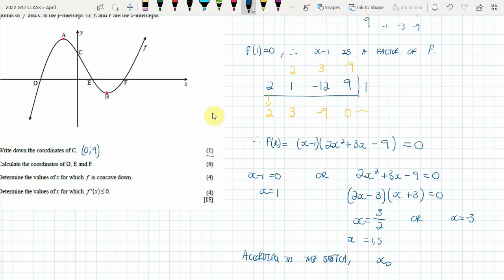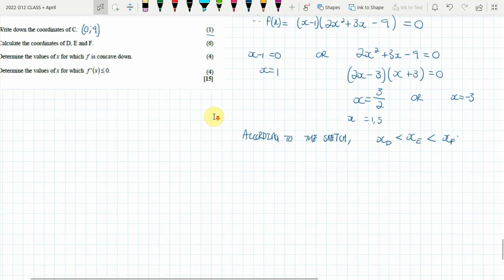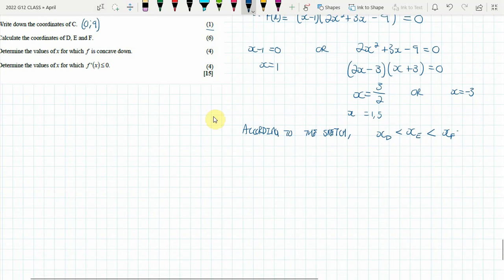So the x coordinate of D will be less than the x coordinate of E, and they will all be less than the x coordinate of F. So the greatest one out of this group is the value of F, and the smallest one is the value of D, and so on.